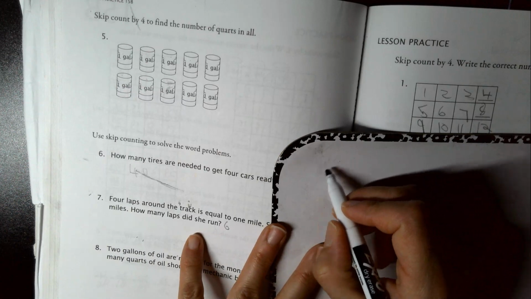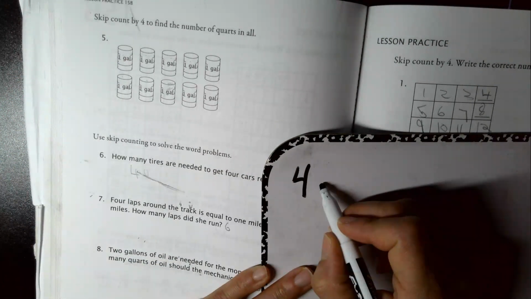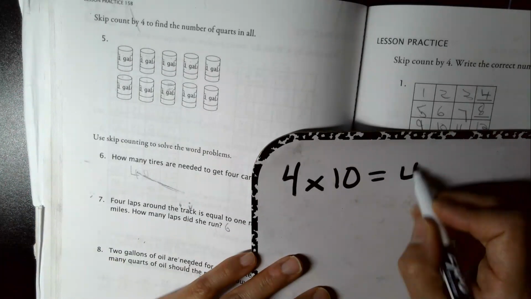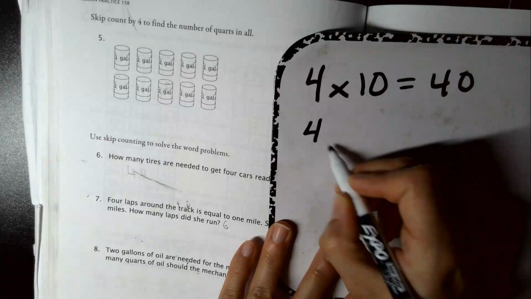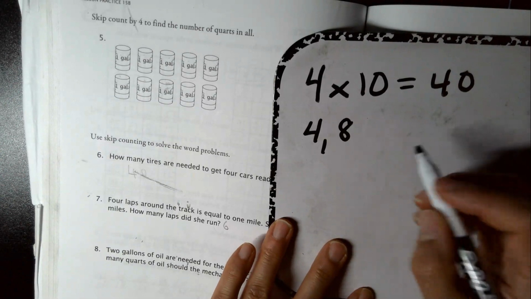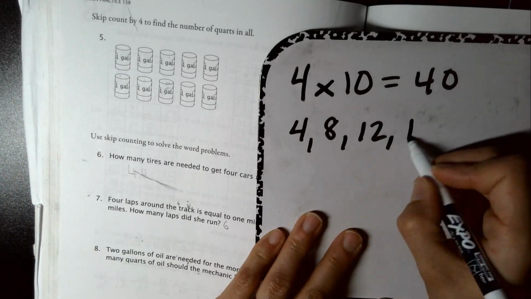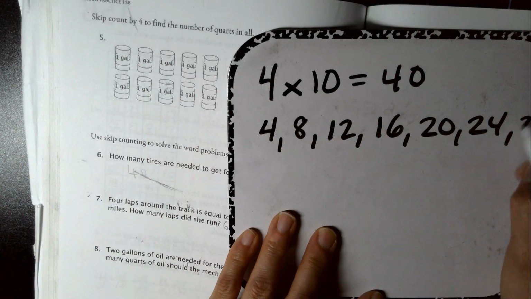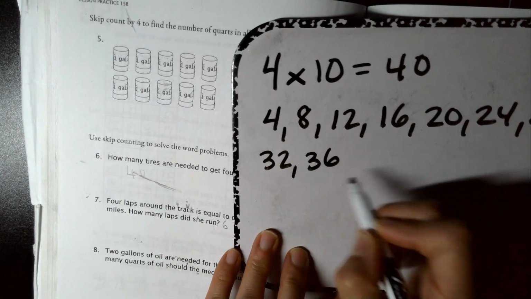But there's 10, so it's 4, because there's 4 quarts to each gallon, right? There's 4, and then there are 10 gallons, so we would get our 40. But to just skip count, I think I went 4, 16 instead of 4, 8. So 4, 8, 12, 16, 20, 24, 28, 32, 36, 40.